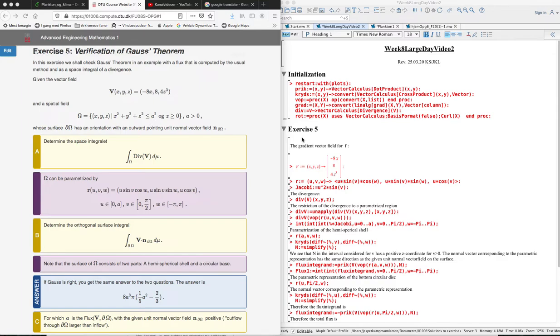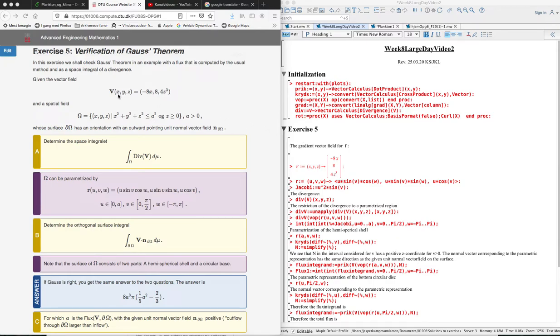I think this is an important exercise because here in practice you will demonstrate a verification of Gauss's theorem.